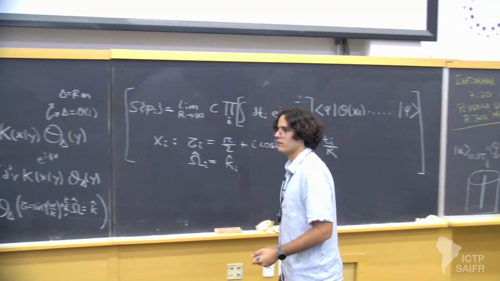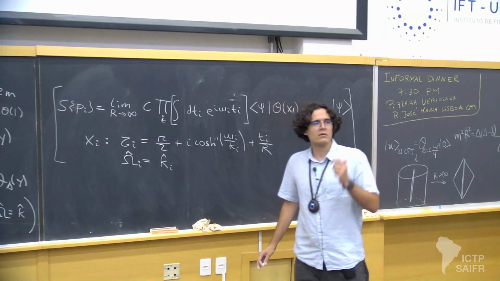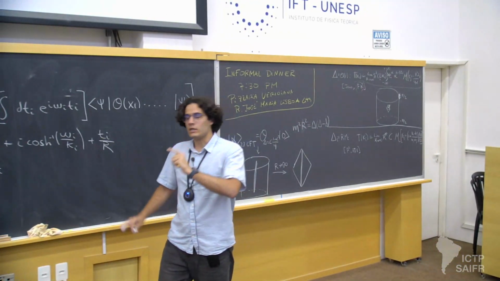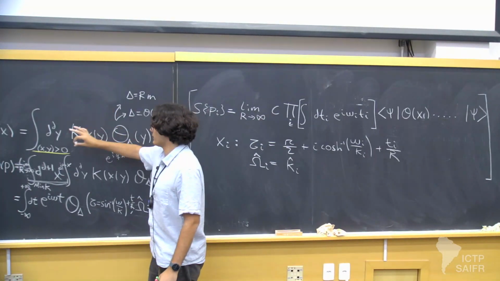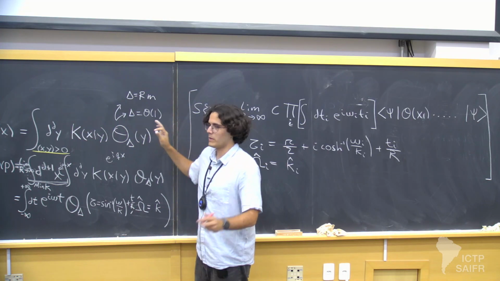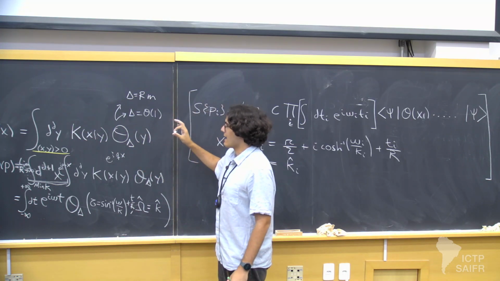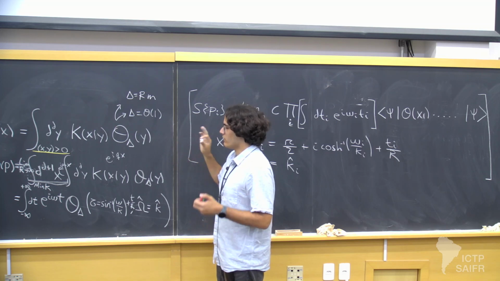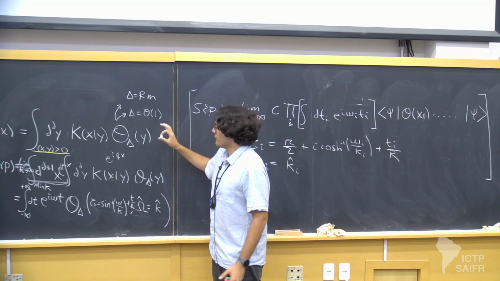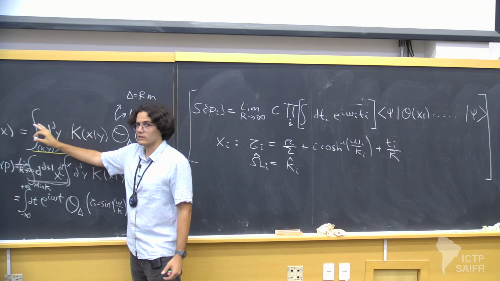So you also started with the field being free. Yes. I am using this formula right here. So maybe it's a good time to mention that I have built Fock states, which means that at the level of building a scattering state, I have assumed that the theory is free.